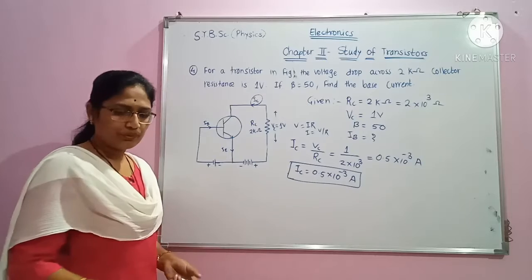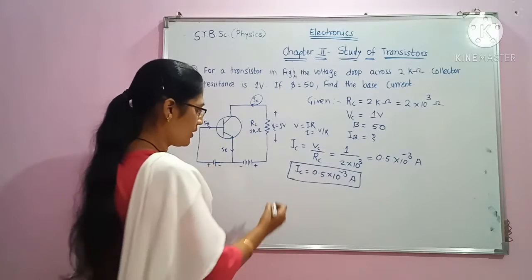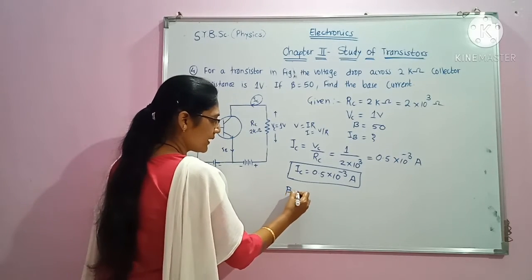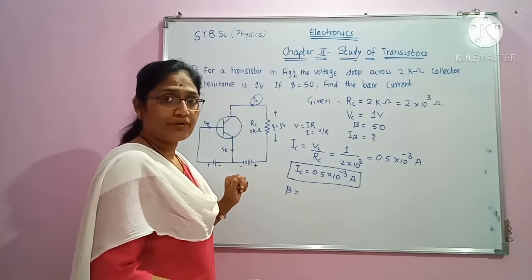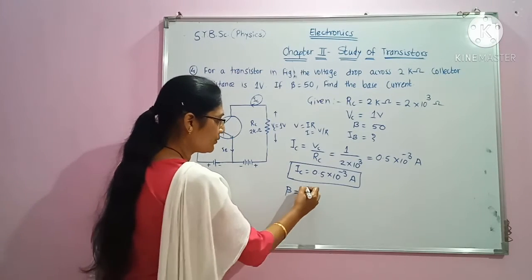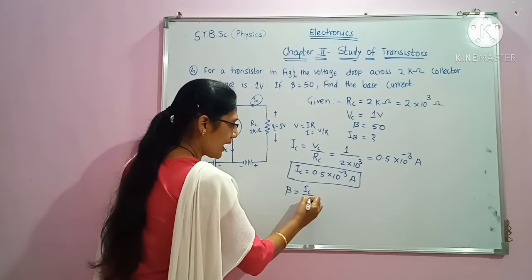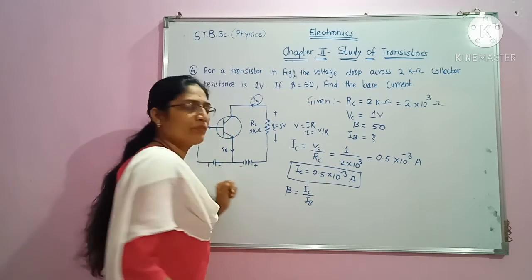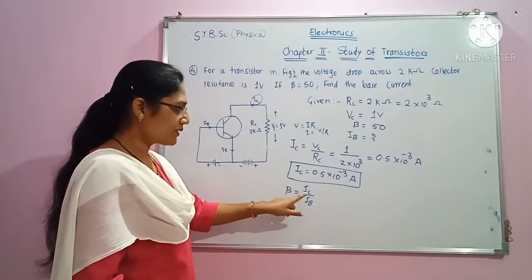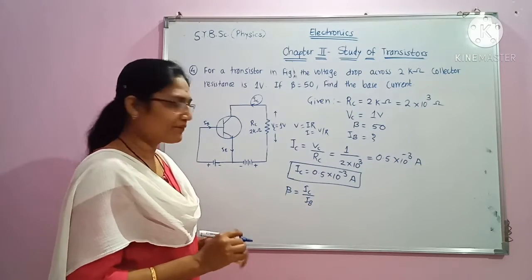Now we know that beta, that is the base current amplification factor, is equal to IC upon IB. Here C and B are present as the suffix.